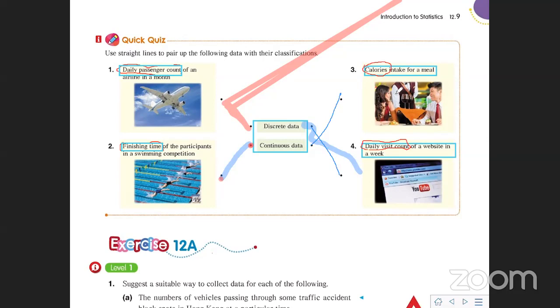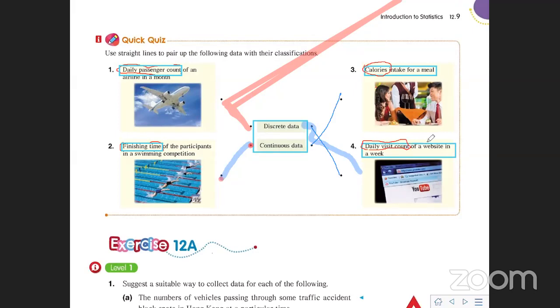And then calories. Calories can also be continuous, because some food may contain certain calories. It's a kind of measurement, and therefore it is continuous.